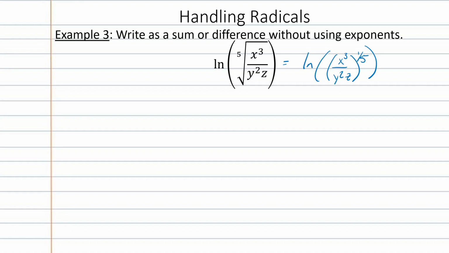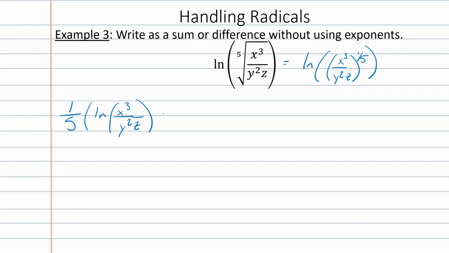What I'm going to do is go ahead and bring that 1/5 out front. So it'll be 1/5 times the natural log of x to the 3rd over y squared z.